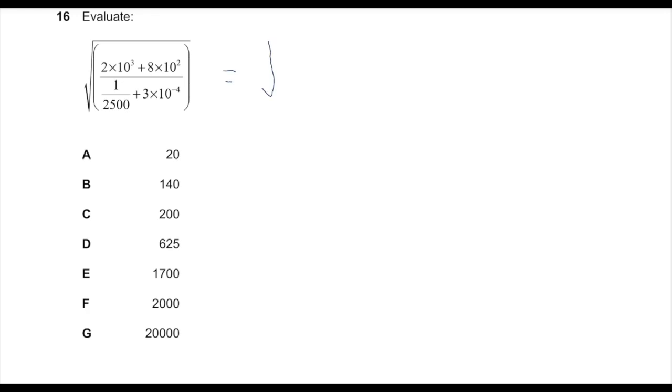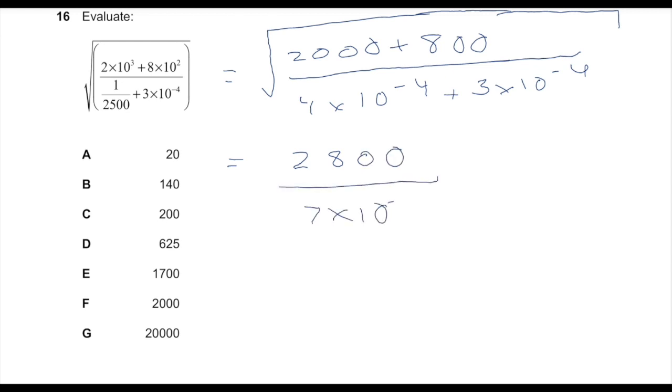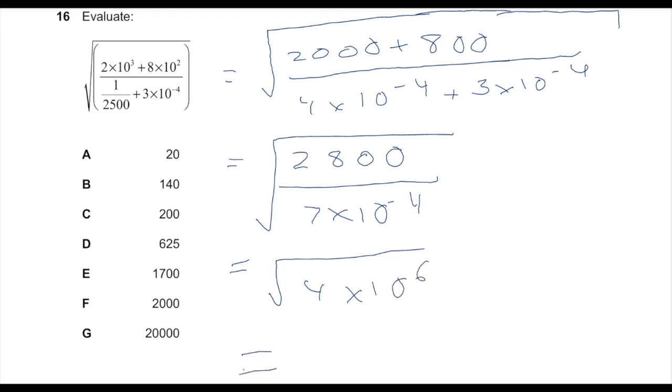So that is equal to... What you just need to remember here is following BODMAS, really, and you should be fine. And there you have the answer. The answer is F, and that's question 16 completed.